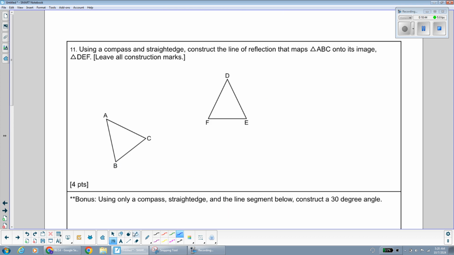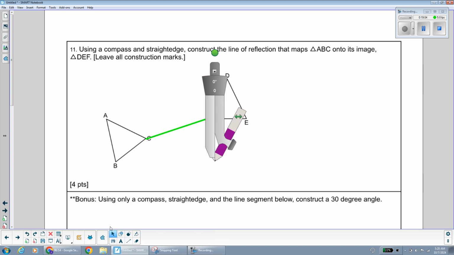Okay, we're going to construct the line of reflection. I was super lenient for this one, but in order to get full credit, you do have to connect the points together. If you don't connect the points together, you don't have a line segment to make the perpendicular bisector of.